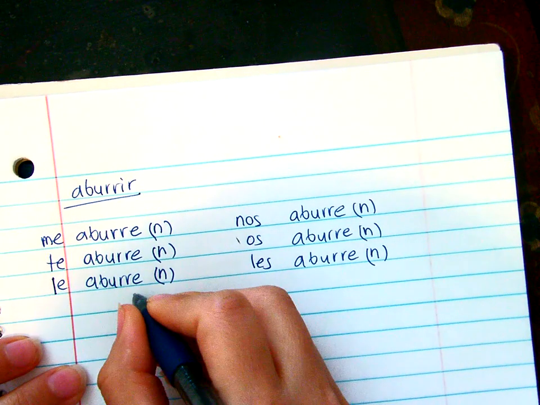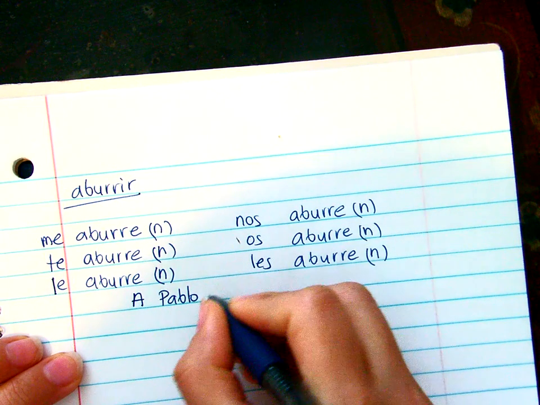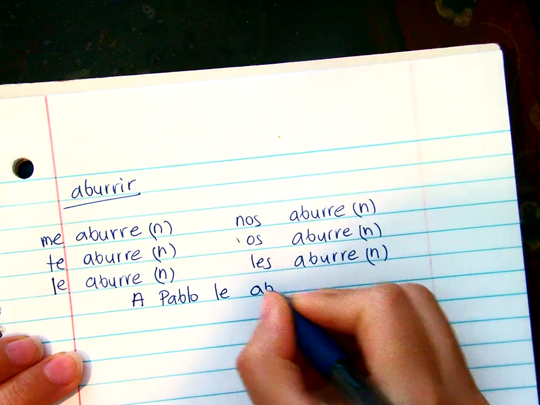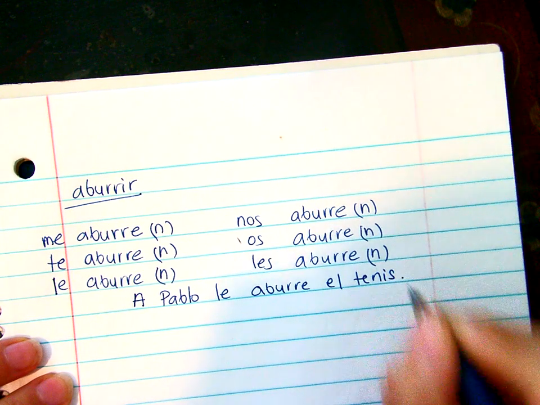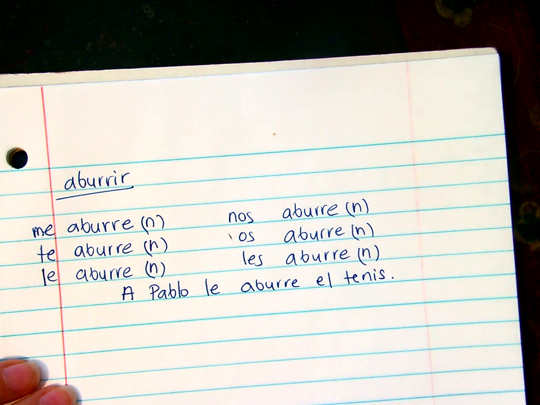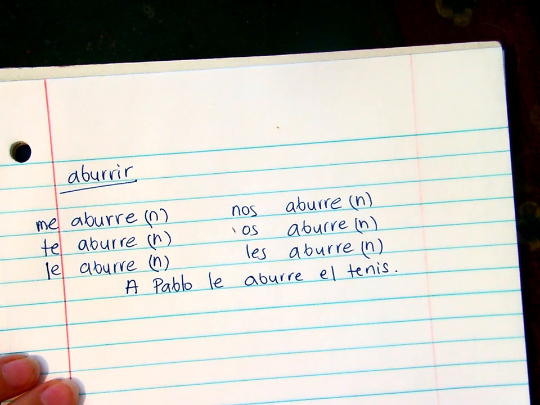Okay. So, I'm going to do a sentence. A Pablo le aburre el tenis. A Pablo le aburre el tenis. To Pablo, tennis is not interesting.